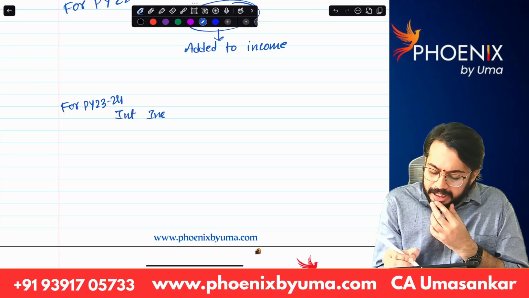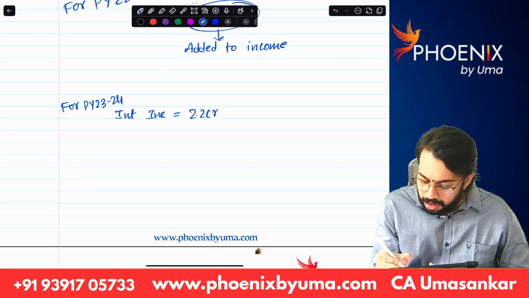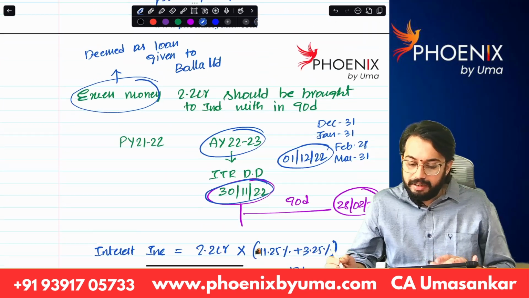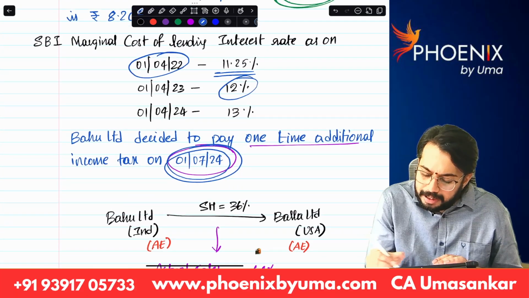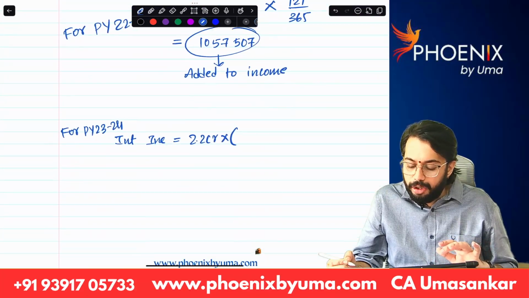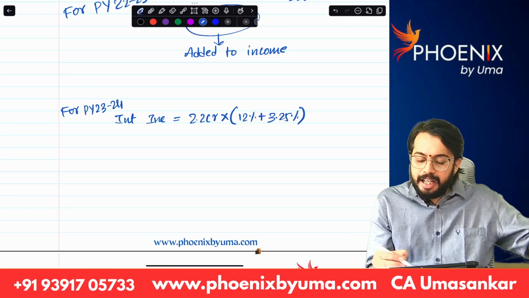How much is interest income? Excess money is 2.2 crores. What is the interest rate? 12% plus 3.25%. For 365 days, you will calculate.